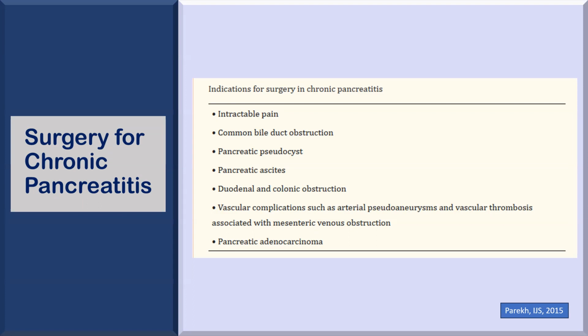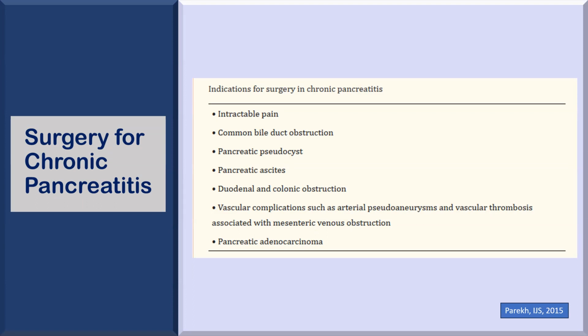Can you for sure, with all the investigations we have at our disposal, differentiate between a carcinomatous mass and an inflammatory mass? Can you get 100% diagnosis? Not 100% most of the times.